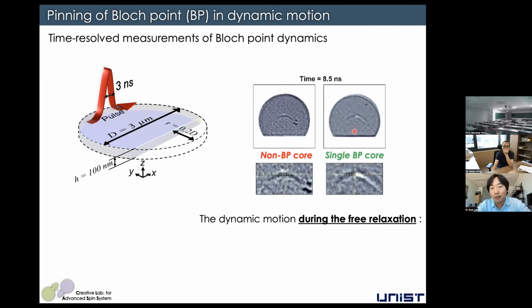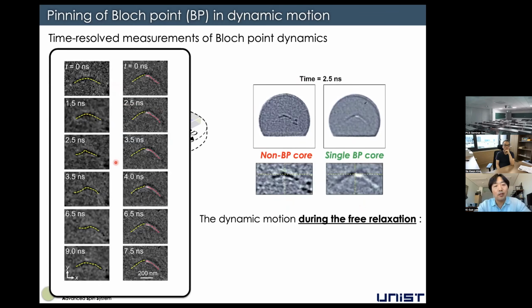But in the second one, initially there is some kind of motion, but then rapid relaxation. Okay, these are snapshots of the structures, and you can clearly see the differences between the two cases.